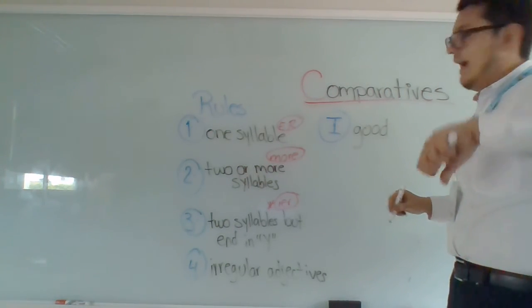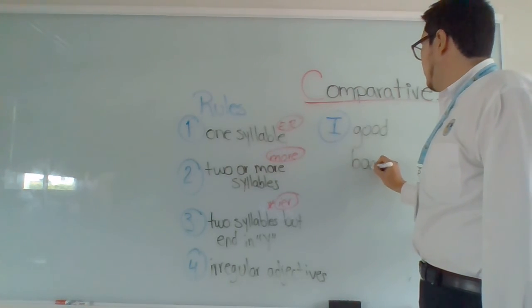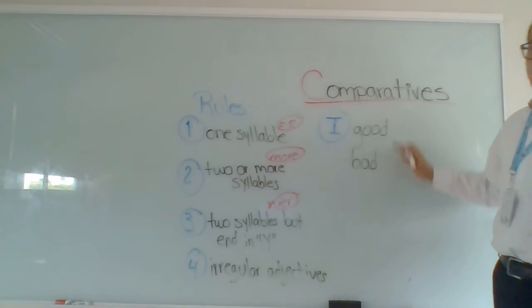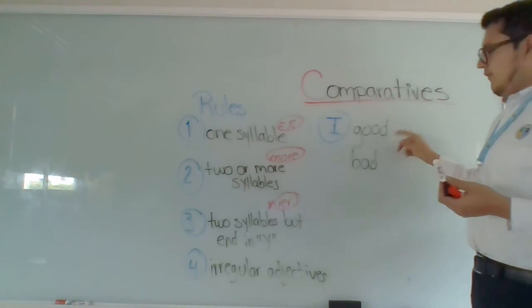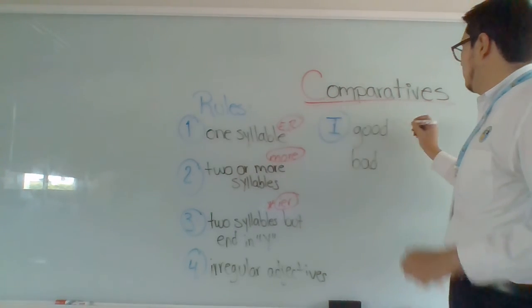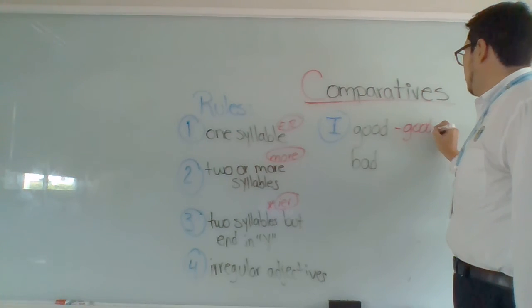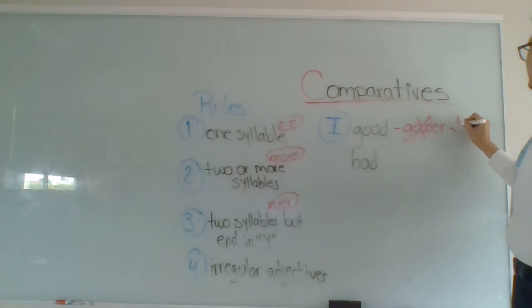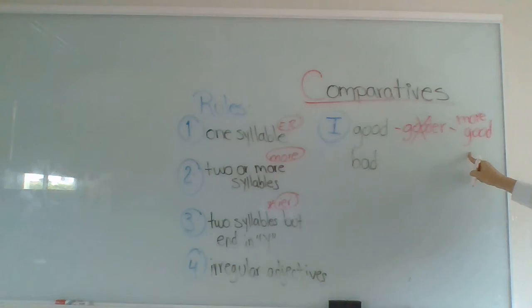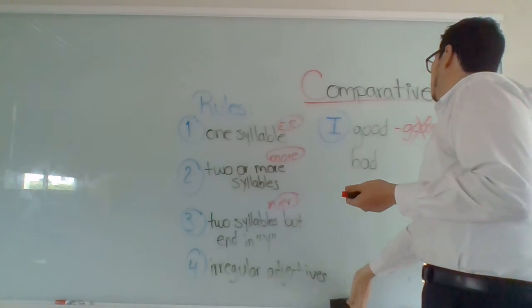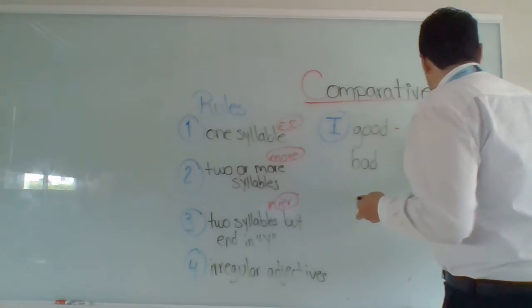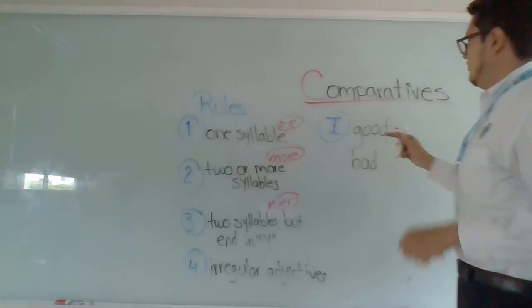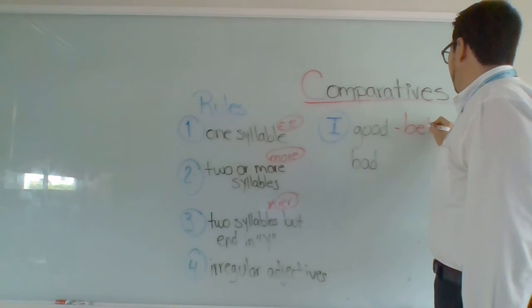Good, bad are an example. If I follow this rule, gooder is incorrect. If I say more good is incorrect. For good, we use a new word. I think you know it. For good, we say better.